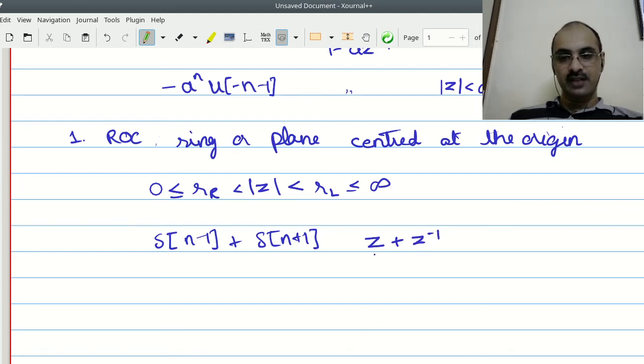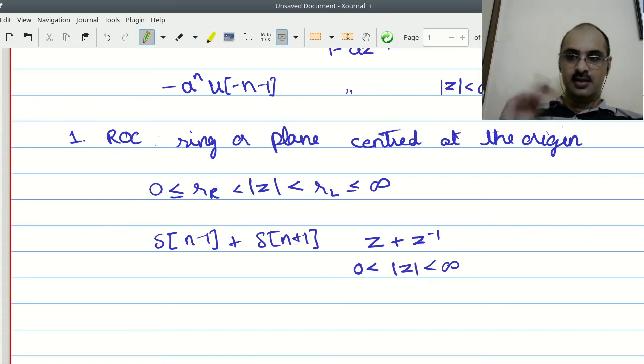So now notice that we cannot substitute z to be infinity, we cannot substitute z to be 0. So for this, the ROC is going to be 0 less than mod z less than infinity. Okay, so this is basically the entire z plane except infinity and 0.